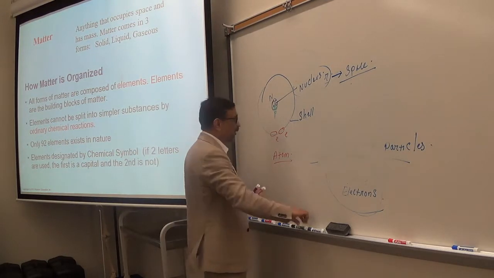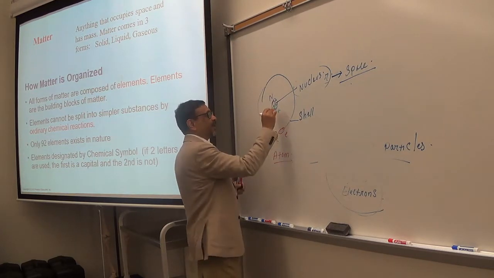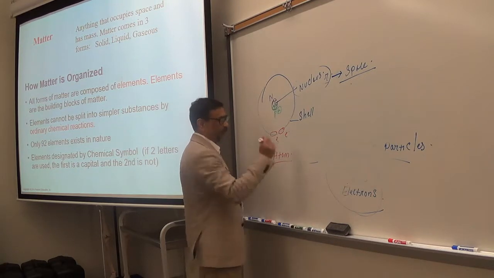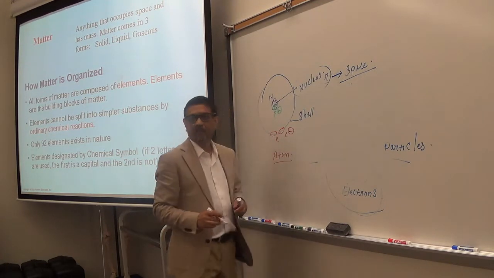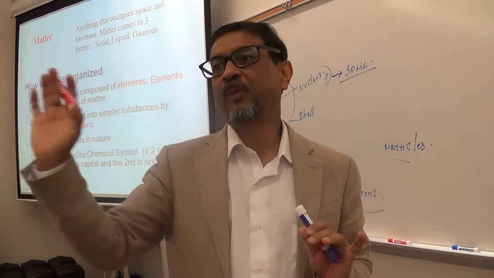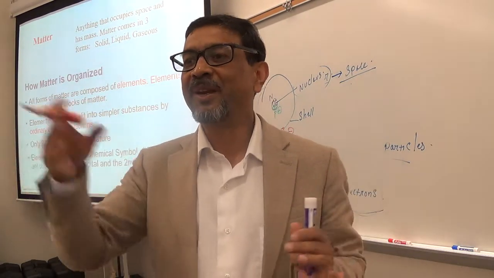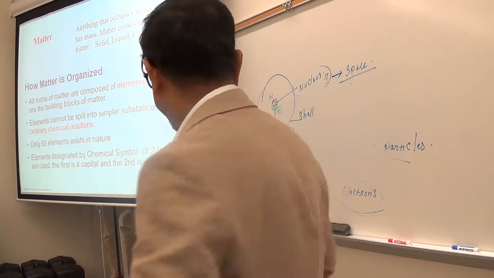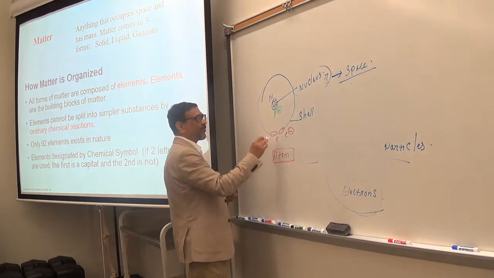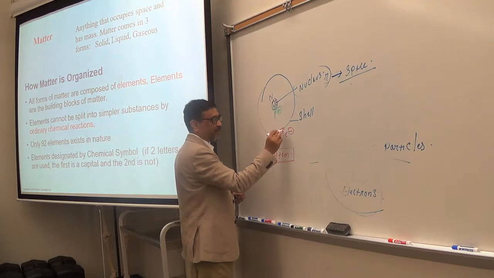Protons carry positive charge. Protons are positive. Electrons are negative. Make sense? Protons are what? Positive. And electrons are negative. Neutrons are neutral, n. Okay? In an atom, you have same number of protons, neutrons, electrons.